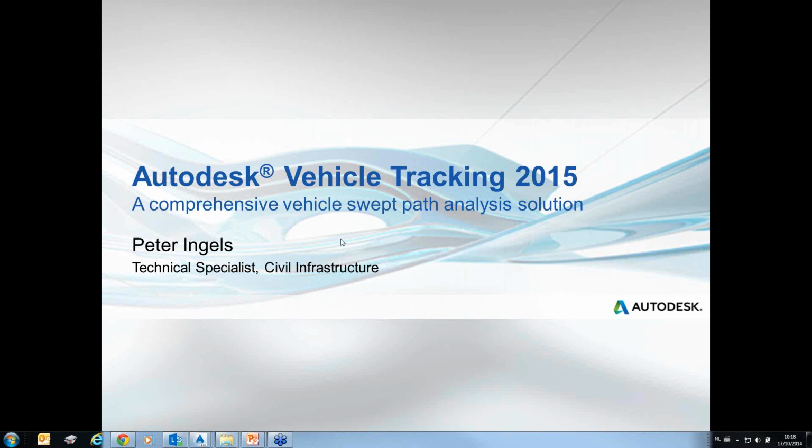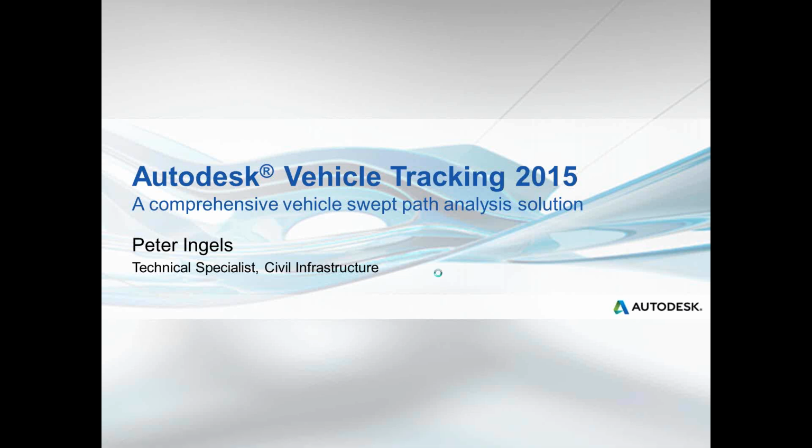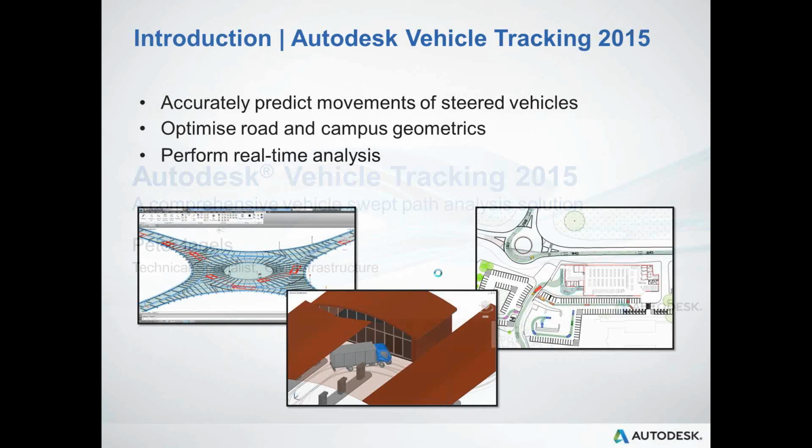And actually it contains a couple of things. It's not only doing a swept path analysis, and swept path analysis really means looking at how a vehicle behaves in your design. There's an extensive library of vehicles for specific countries and for specific purposes, and you can do the swept path analysis of that.